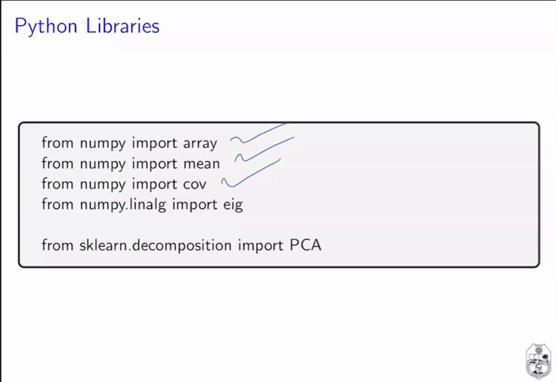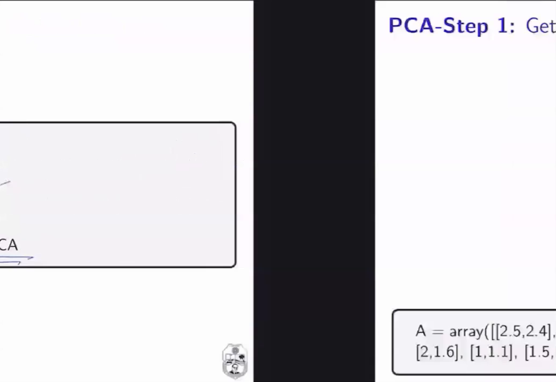This module calculates the eigenvalues and the eigenvectors. You can carry out all these steps in one single statement if you import the PCA library from the scikit-learn Python library. I will be explaining both methods here.